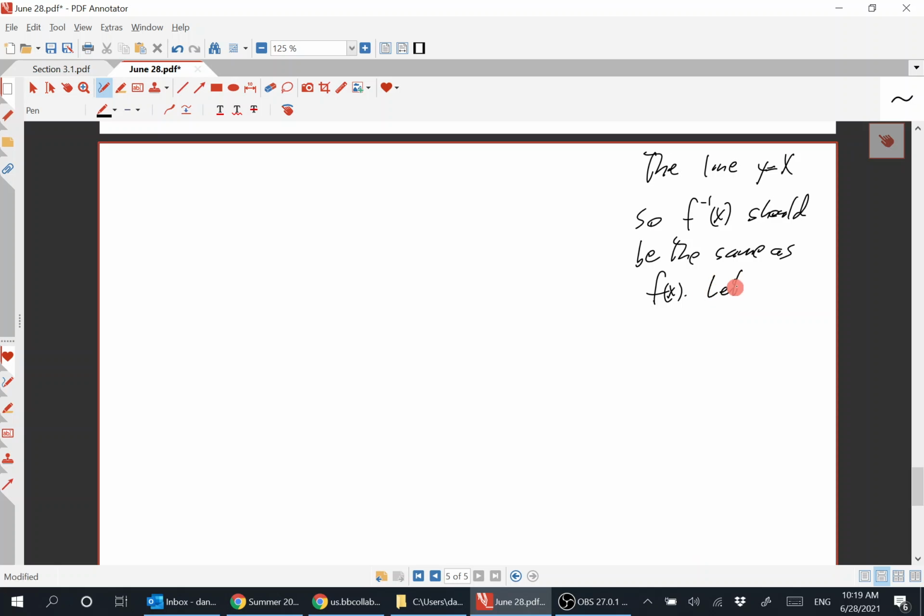Okay, so let's see that. Let's check this algebraically. We've got y is equal to the square root of 4 minus x squared. So switch x and y: x equals the square root of 4 minus y squared.